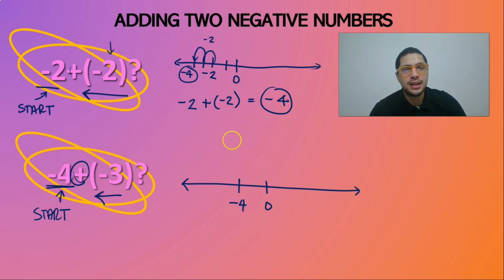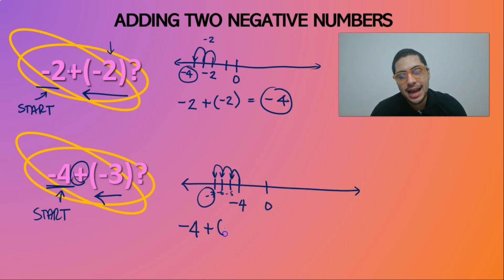And then we just have to add minus 3. So we're going to move to the left. So 1, 2, 3. So that means we're going to finish in minus 7. So minus 4 adding minus 3 is going to be minus 7.